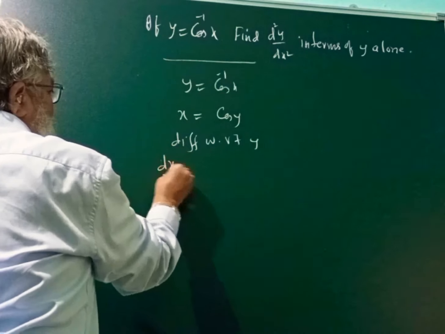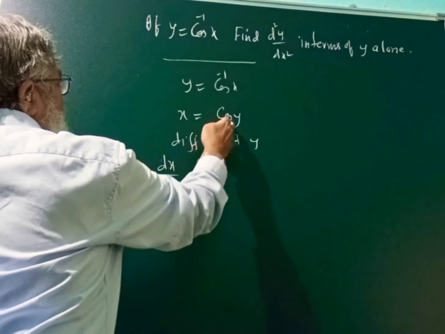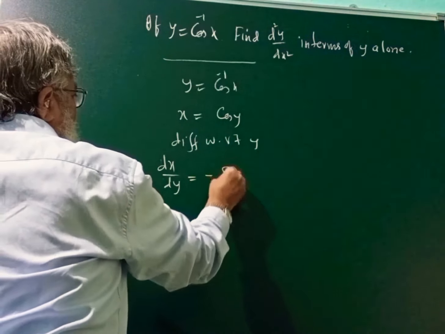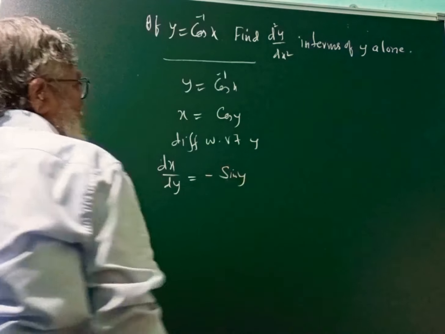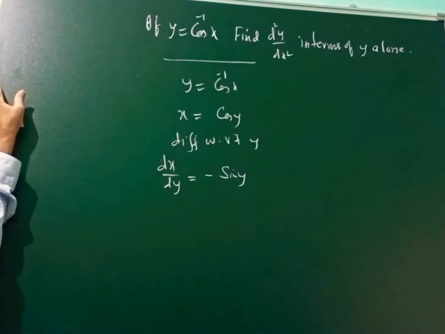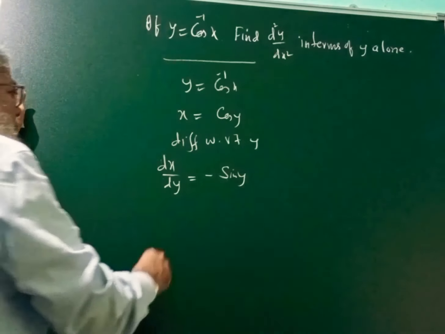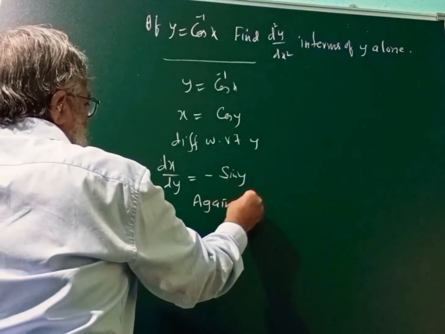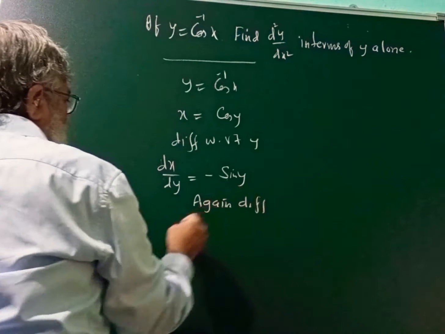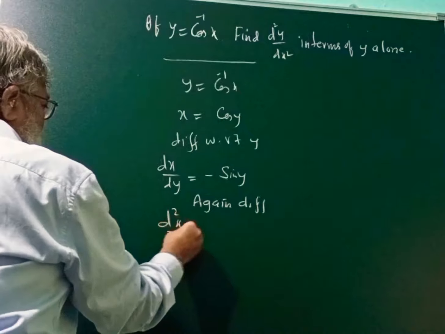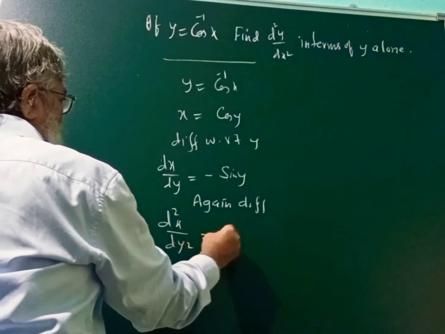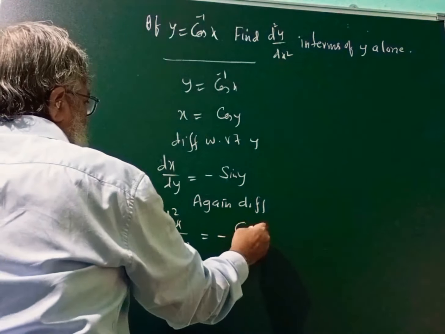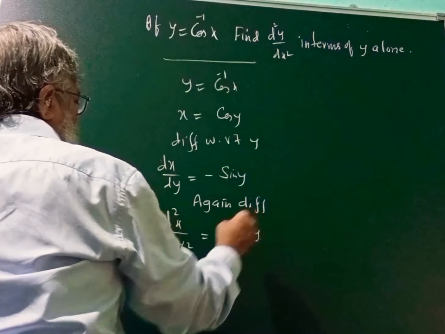It will be dx by dy. Differentiation of cos y is minus sin y, and differentiation of y with respect to y is 1. Into 1 there is no need of writing. Again differentiating, d square x by dy square, differentiation of sin y is cos y.